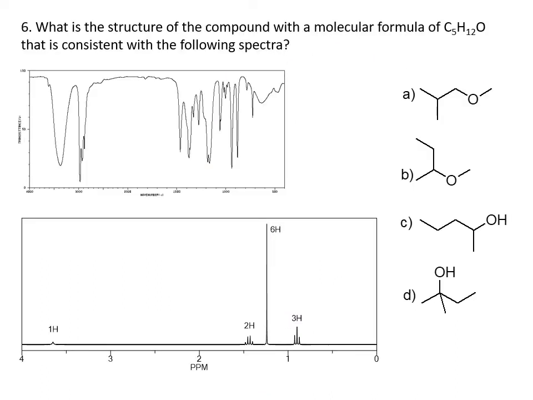Next, what is the structure of the compound with the molecular formula of C5H12O that is consistent with the following spectrum? So again, we look at IR spectrum and we can see hydroxyl group. When you look at 4 possible choices, hydroxyl group immediately eliminates A and B because A and B don't have hydroxyl group.